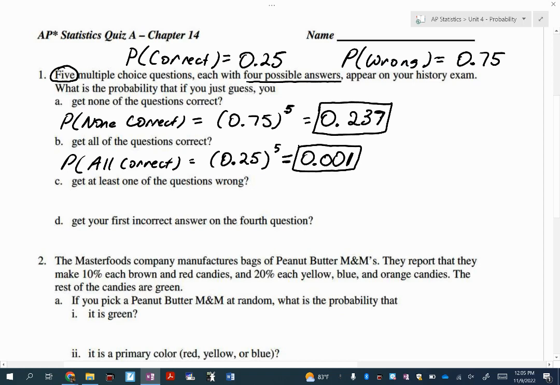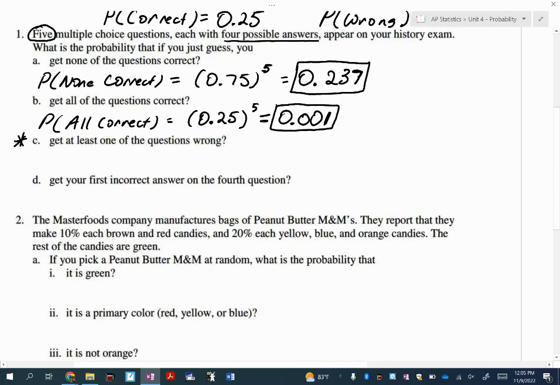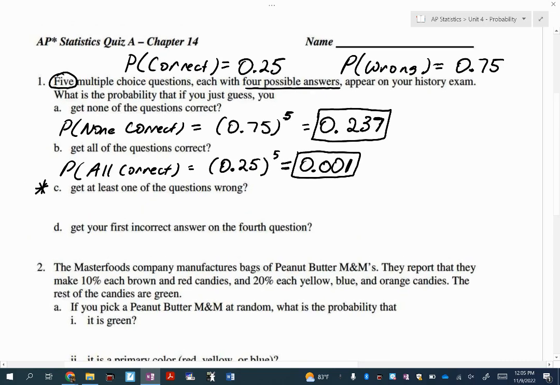You're straight guessing. Okay, this is the type of question where I see the most mistakes with students. It says get at least one of the questions wrong. And if you've been paying attention to the questions that we're doing in class, when I see at least one, or at least anything, I am going to think about finding the complement and then subtracting that from 1 to get the actual answer.